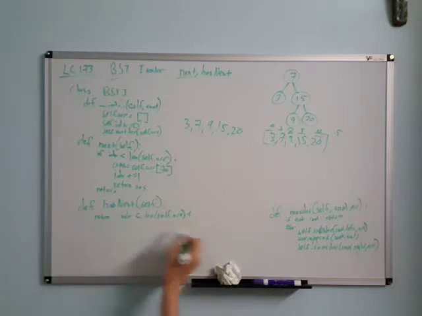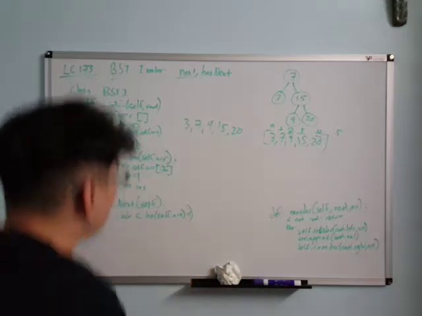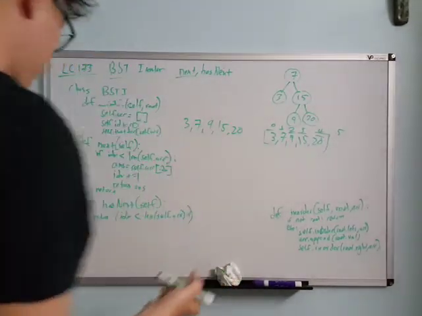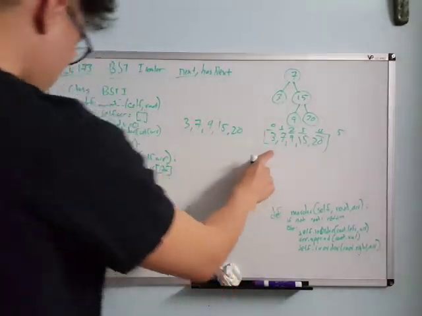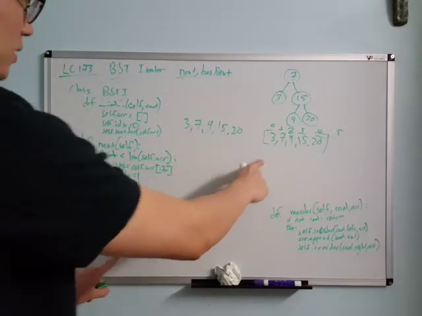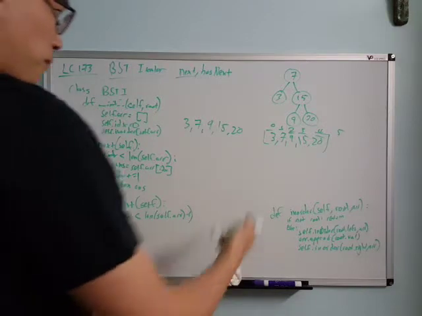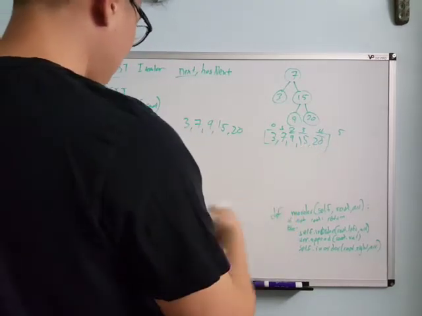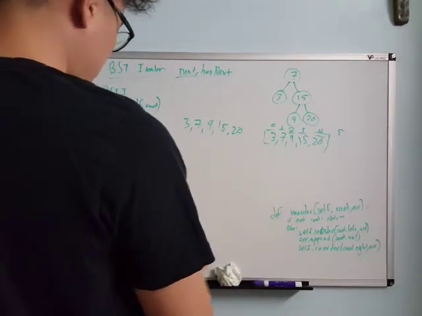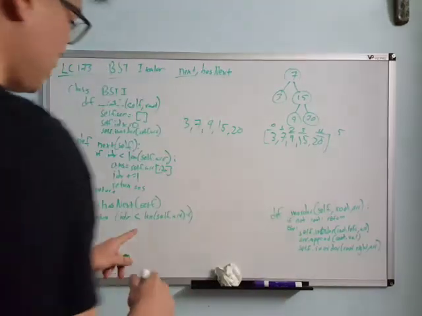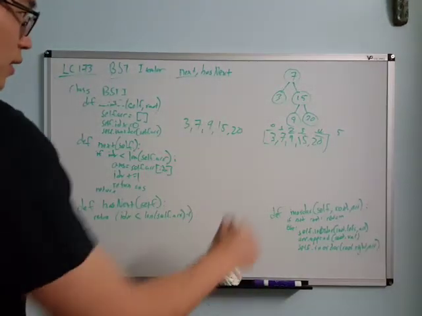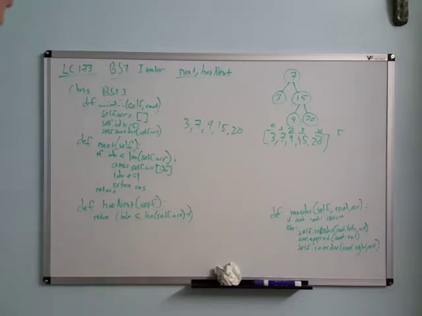Done. You don't need the parentheses. So if we return here, idx is 0, 0 is less than 4, so we can return true. If we're at 4, 4 is not less than 5 minus 1, which is 4, so we return false. And in every other case, 2 is less than 4, so we're fine, return true.